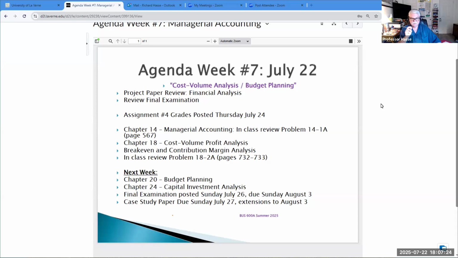We're going to be looking at a couple of review problems tonight that's going to highlight the work you'll see on the final examination involving chapters 14 and 18, problem 14-1 on page 567, and problem 18-2 on pages 732 and 733.